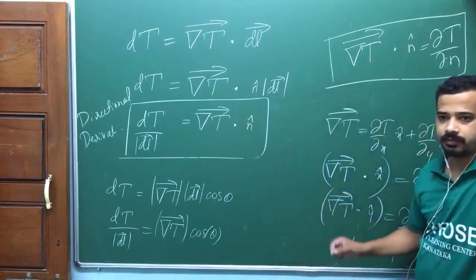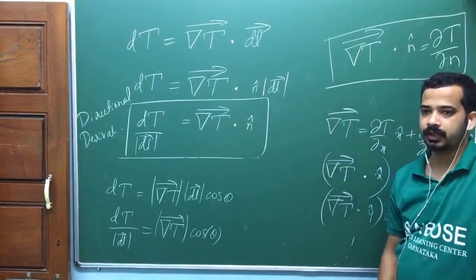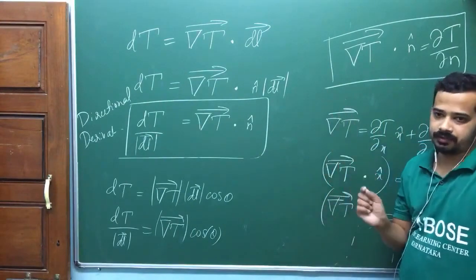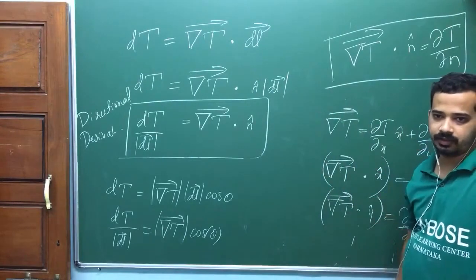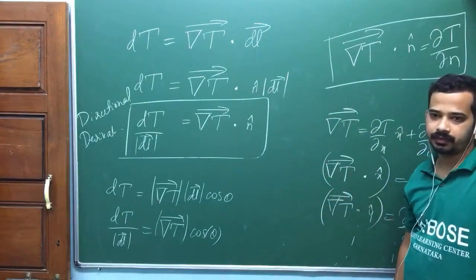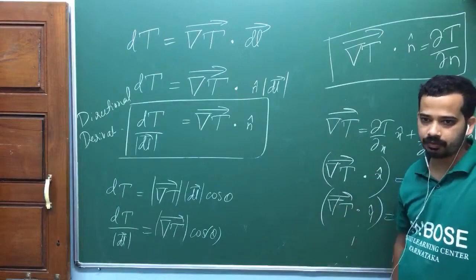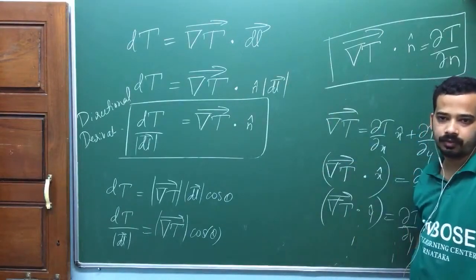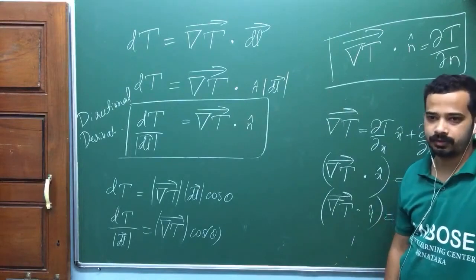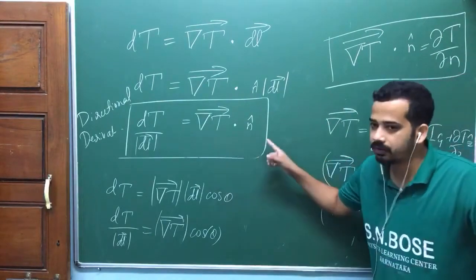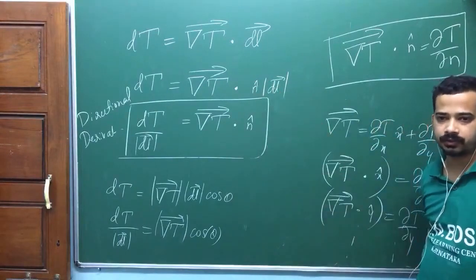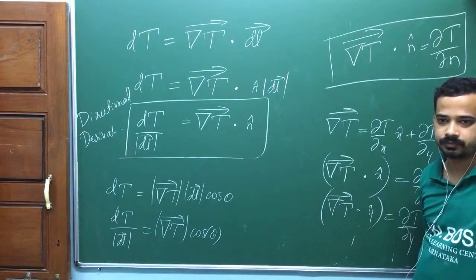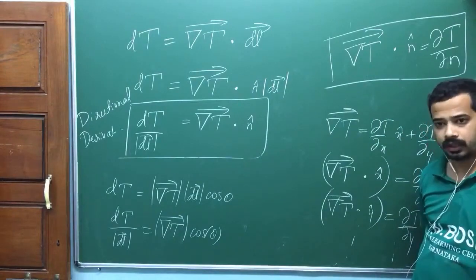You have temperature as a spatial variable. From a point in space, you can move in infinitely many directions. If you move in a different direction, the rate of change of temperature with respect to distance is different. Suppose you want to move in some arbitrary direction, what is the rate of change of temperature? That is given by the dot product of the gradient with the unit vector in that direction.